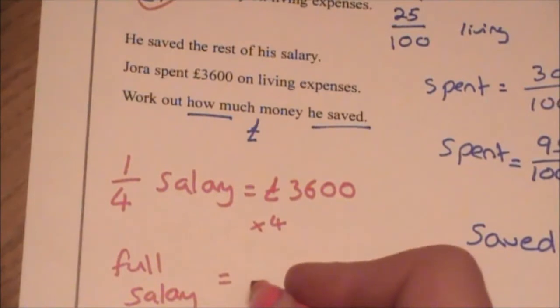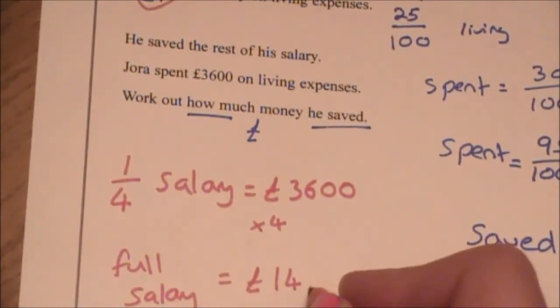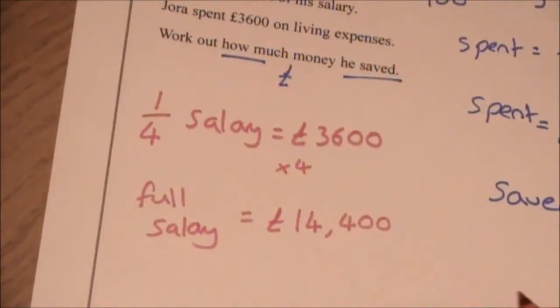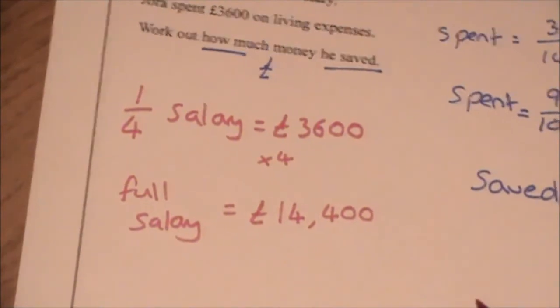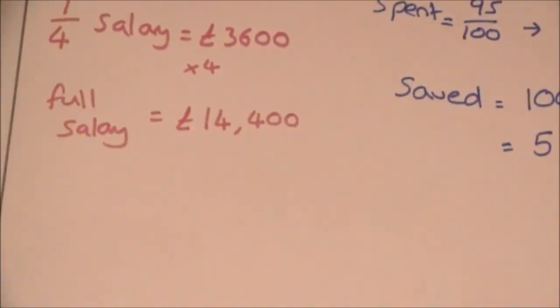So 3,600 times by 4 is going to give me £14,400. So that's how much he gets paid, £14,400.